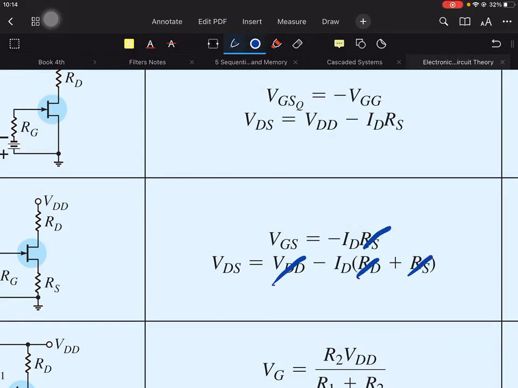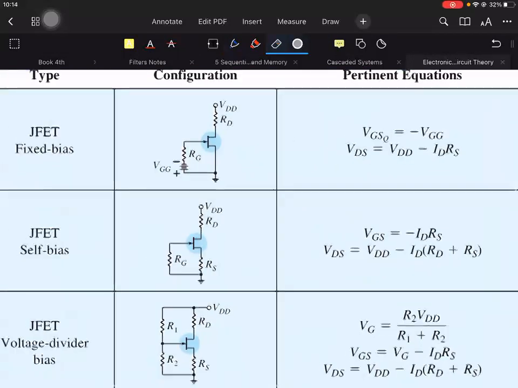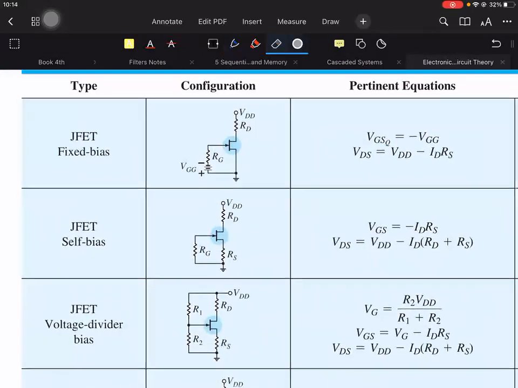So once ID is obtained, VGS will be solved, and VDS is also solved. It's easy, the same as with the BJT. It's just a matter of locating in the summary table which formula to use. So, VGS is equal to negative ID RS.